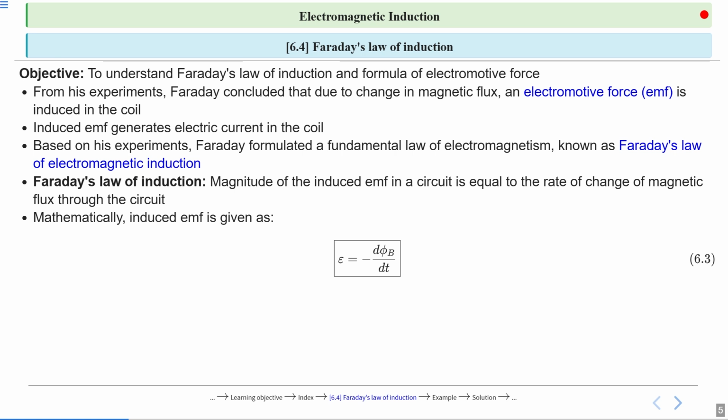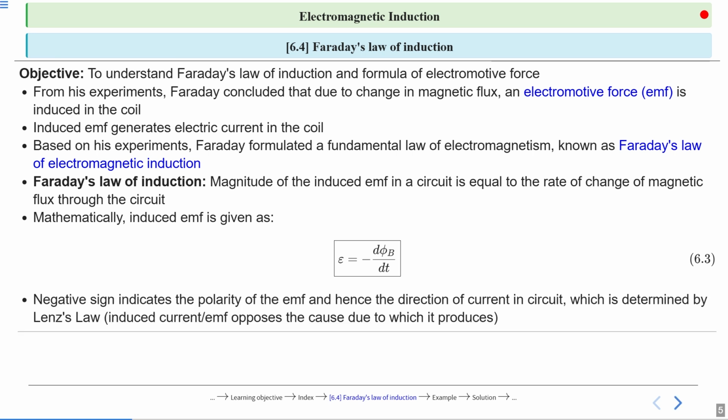So why is this minus sign there? This was explained by Lenz's law, or Faraday-Lenz law. So Faraday's law of induction only indicates magnitude, which is equal to d phi by dt. Mark it as equation 6.3. The negative sign indicates the polarity of the EMF, hence the direction of current in the circuit, which is determined by Lenz's law.